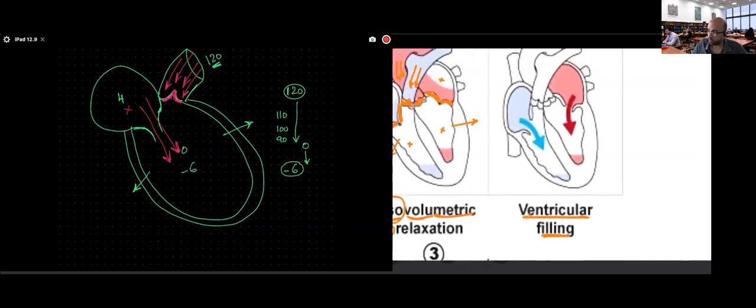Ventricular filling phase is going to be responsible for around 70 to 80% of the blood that will fill the ventricles. 70 to 80% of the blood that fills the ventricles is coming down from the atria due to the ventricular relaxation.